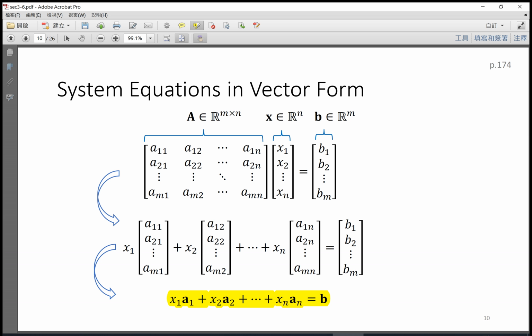And this means x is a solution to the linear equation AX equals b. Therefore, we have proved the linear equation AX equals b is consistent if and only if b is in the column space of A.